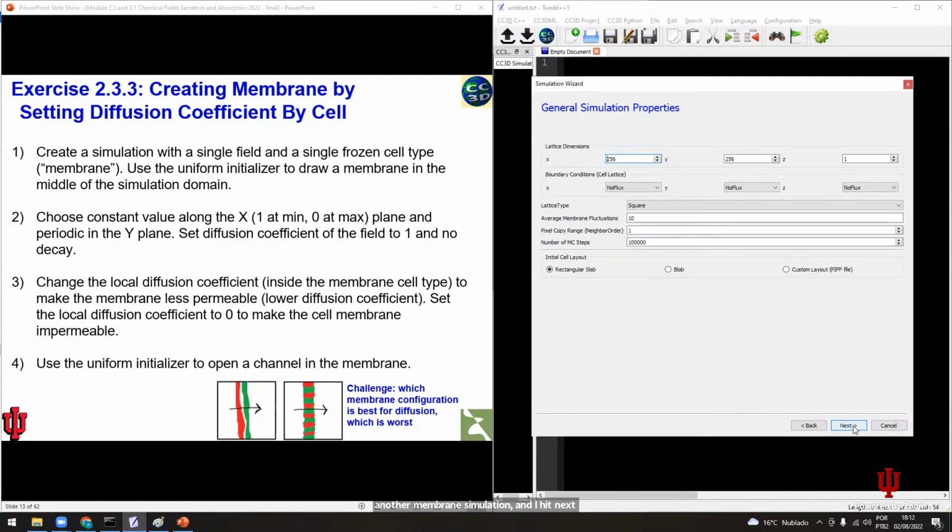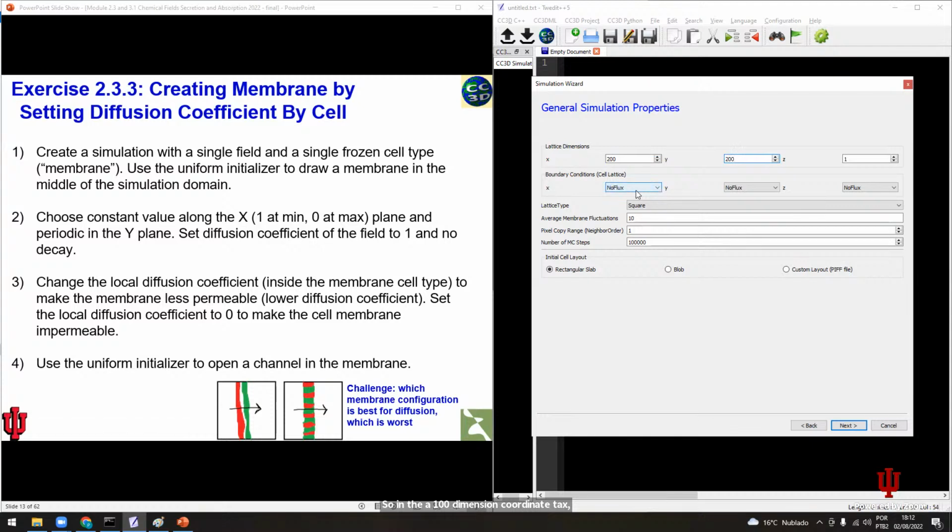In the general simulation properties in the simulation wizard, I recommend reducing the lattice dimension. I would reduce a lot, but since I'm sticking to the original exercise, let's reduce to 200. And then we are gonna build the membrane in the middle, so at 100 on the x coordinate.